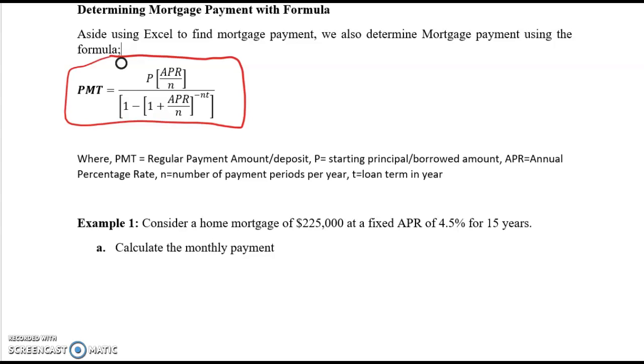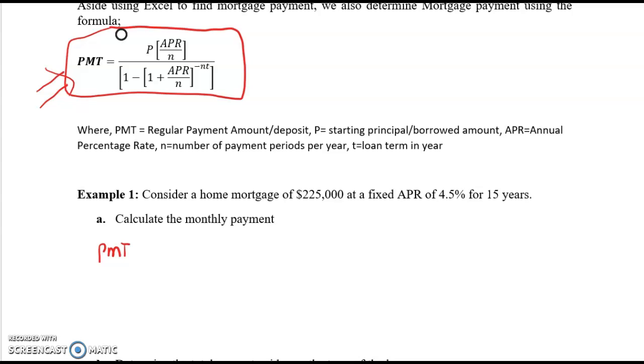So to calculate the monthly mortgage using this formula, we have PMT equals our P, which is the borrowed amount, $225,000. Your APR converted to a decimal is 0.045.